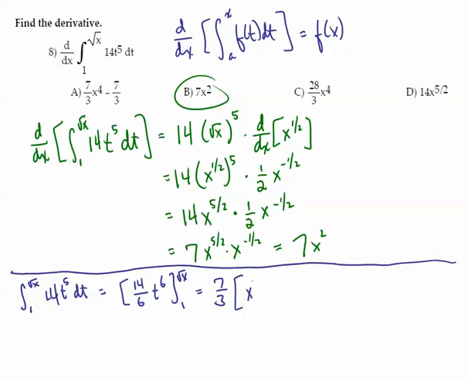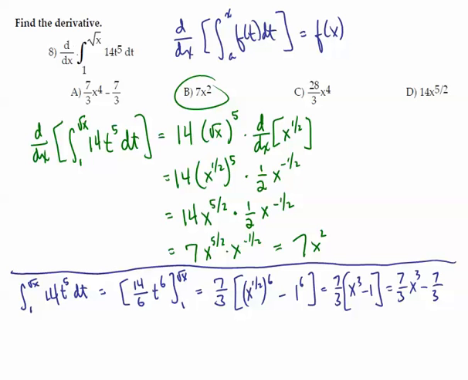So that's x to the 1/2 raised to the 6th power, then minus 1 to the 6th power. So we end up with 7/3. X to the 1/2 to the 6th is x to the 3rd, minus 1. And if we want to write that out, 7/3 x to the third minus 7/3.